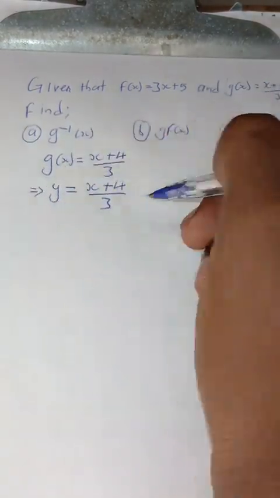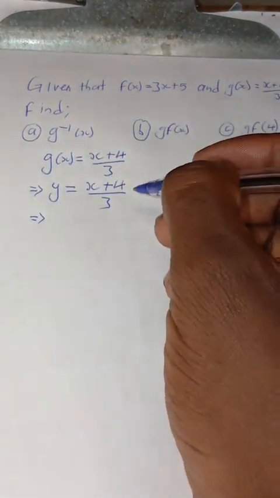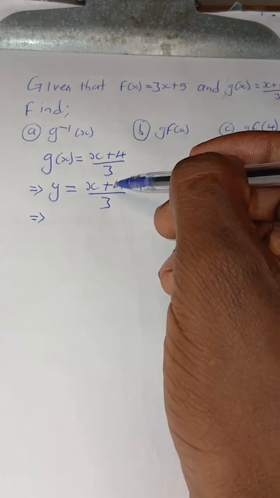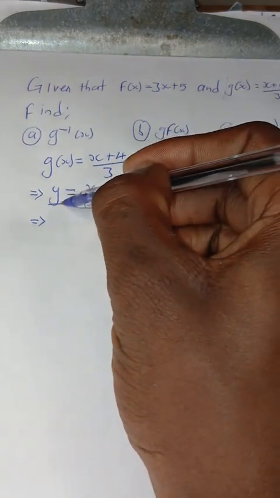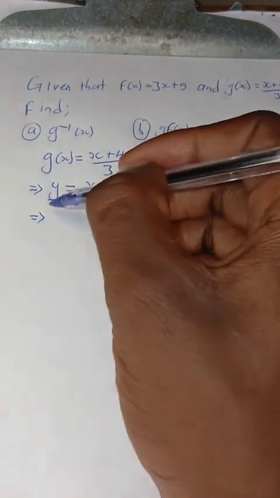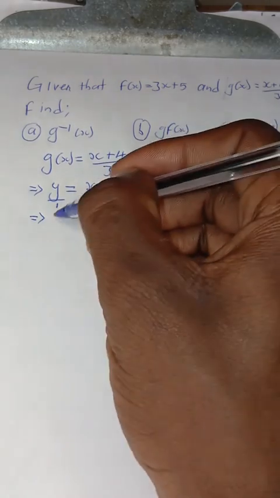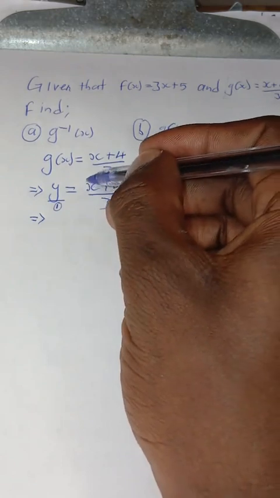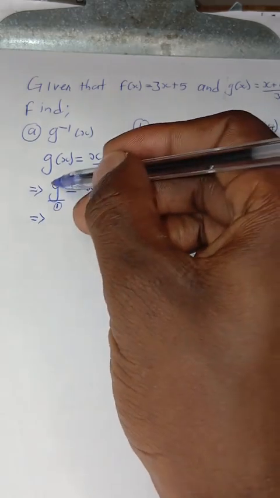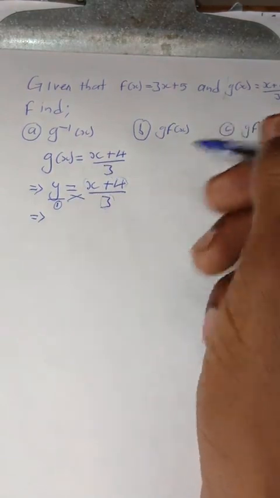After we introduce y, let us make x the subject of the formula. Since we have a fraction here, we are going to introduce a denominator of 1 on the other side, then cross multiply. 1 should multiply the numerator on top, and this 3 should multiply y.